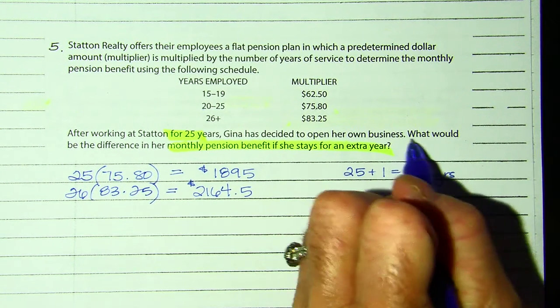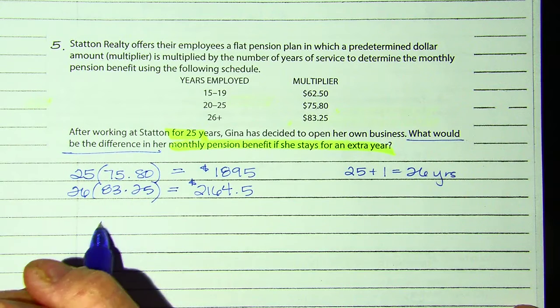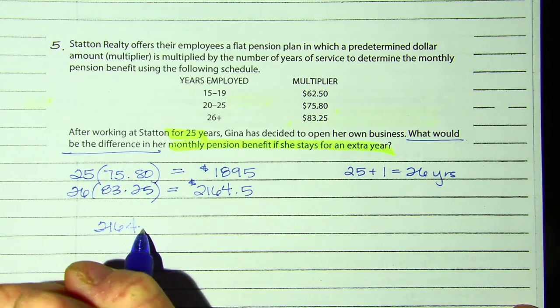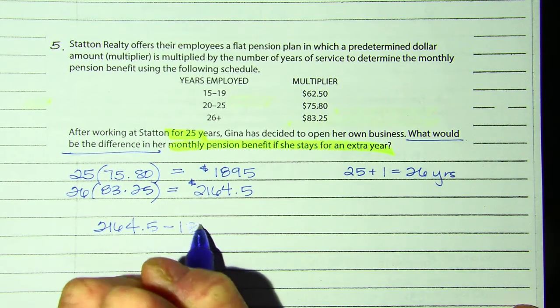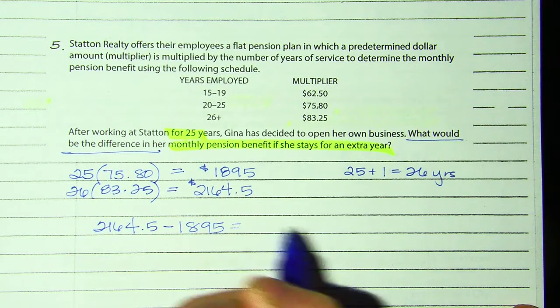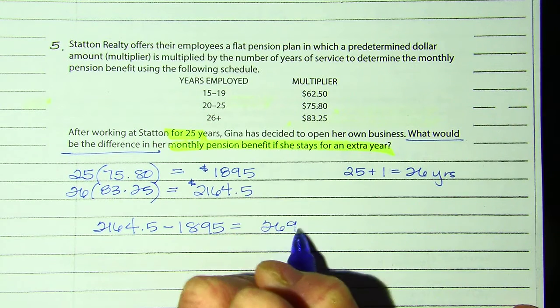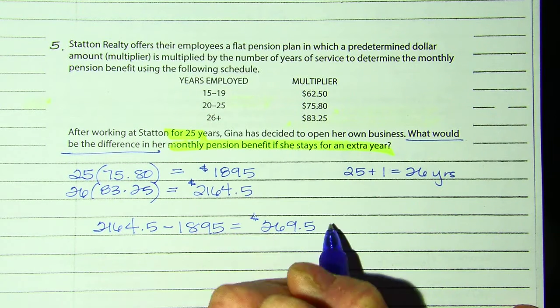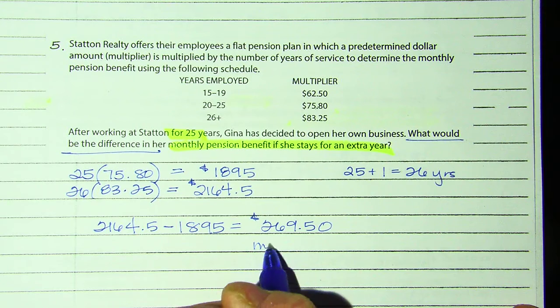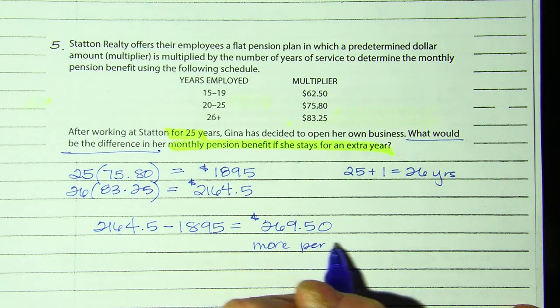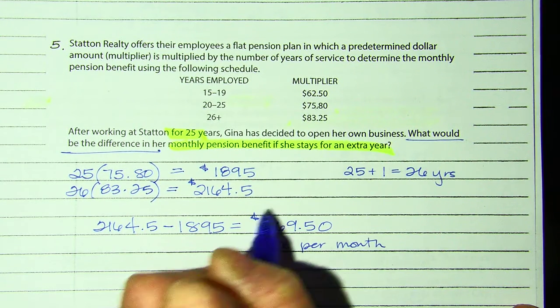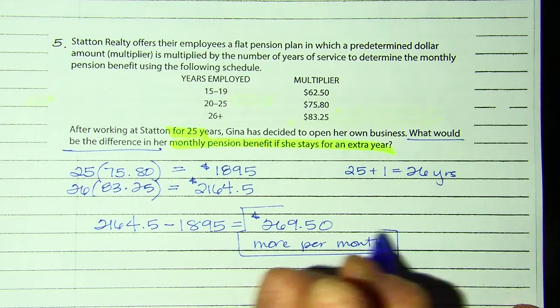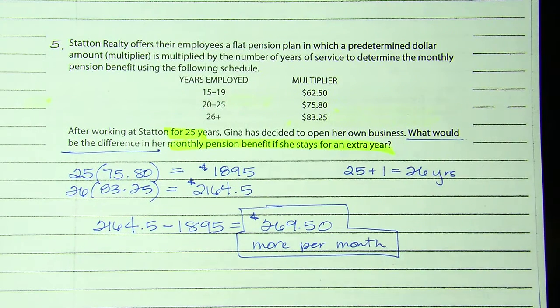What would be the difference? Difference means to subtract. So if she had stayed 1 more year, how much more would she get per month? So if I subtract, that's basically $270 more per month. So I would have advised her to stay 1 more year, then open your own business. Moving on.